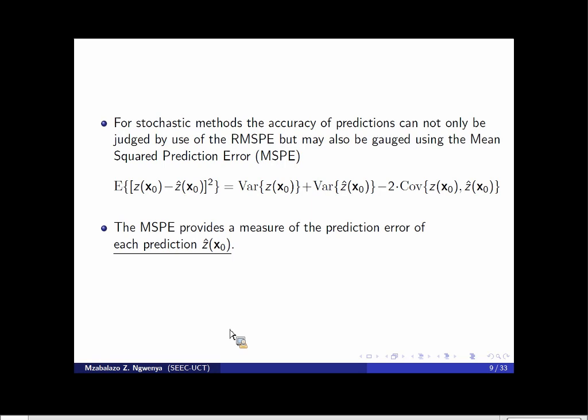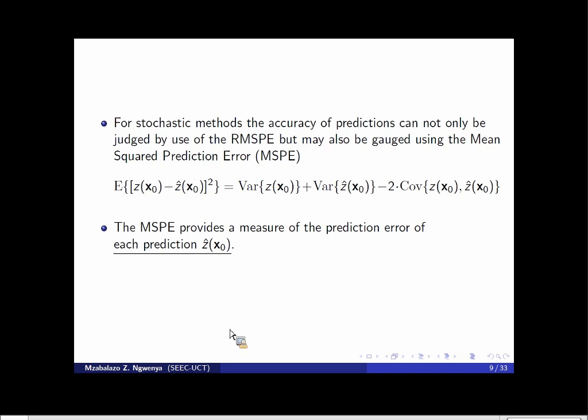Let's say we're working with pollutants. You might want to be very specific on how well you estimate your pollutants. If I'm estimating my pollutants at a point close to a mine, I maybe don't really care about how good my estimate is.